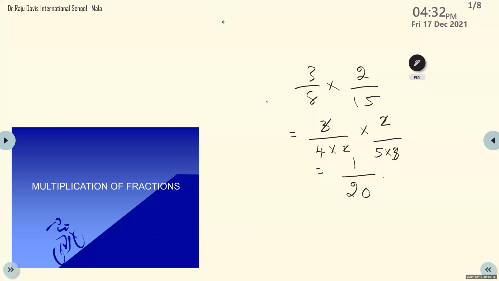And 15 you can write as 3 into 5. Then 3 is there in the numerator and denominator, you cancel it. 2 is there here, 2 also gets cancelled. There is no other cancellation. So you write it as 1 by 20.